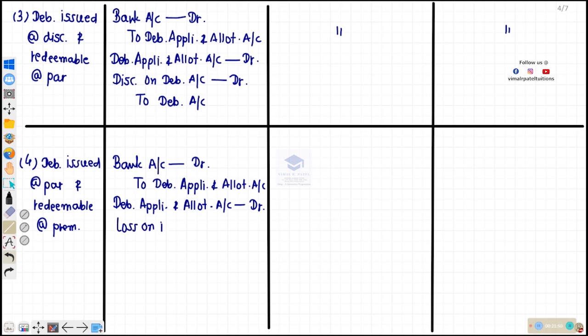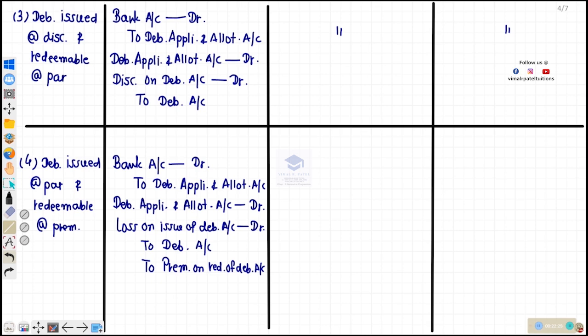Then loss on issue of debenture, that extra 10 rupees payable, that is loss on issue of debenture, to debenture 100, and to premium on redemption of debenture, that is 10.